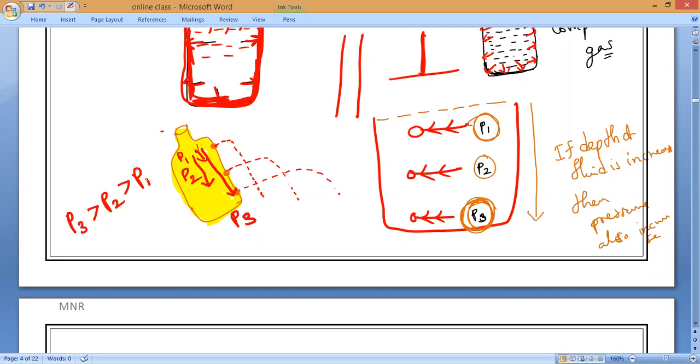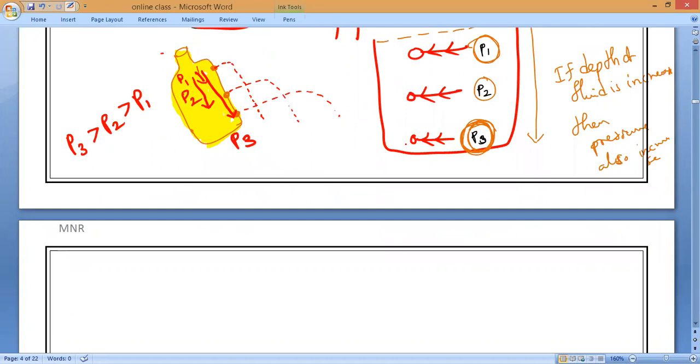That is the reason why the bottom of a dam is constructed very wide. Why are dams constructed with very wide bottoms? Because of this reason only. As you keep going down from the top of the reservoir, the depth of the liquid is increasing, so the pressure exerted by the liquid also increases.